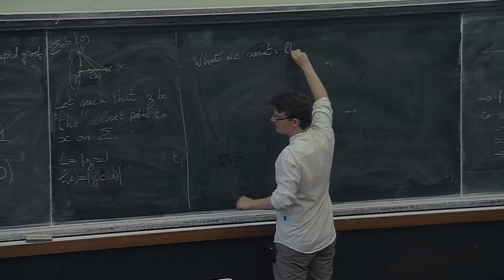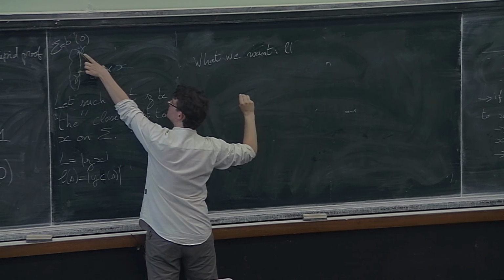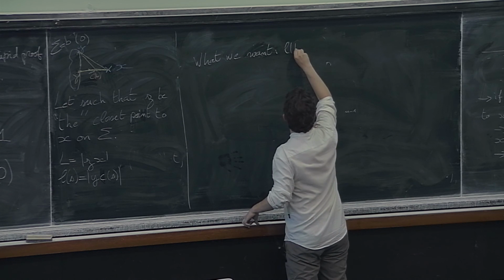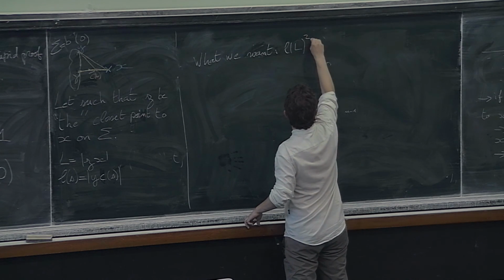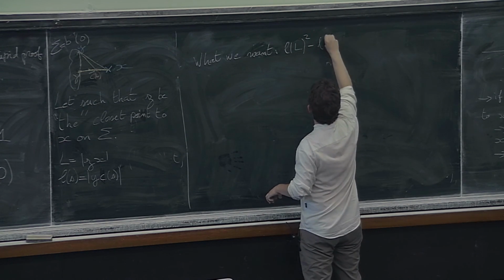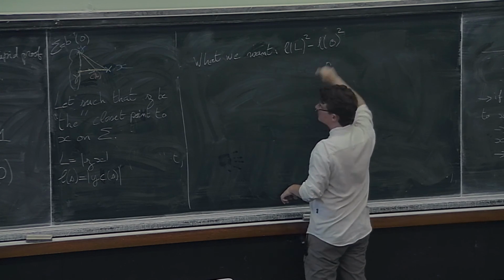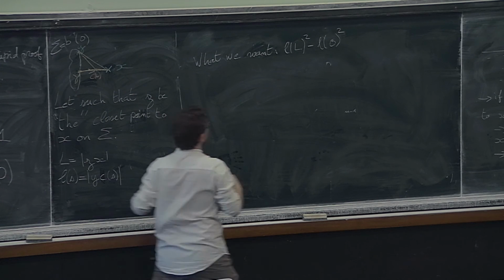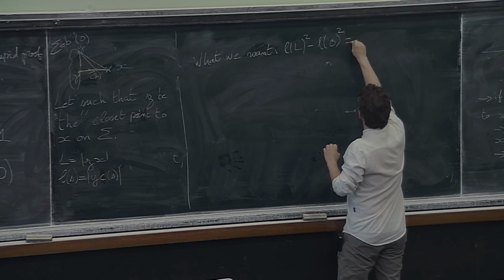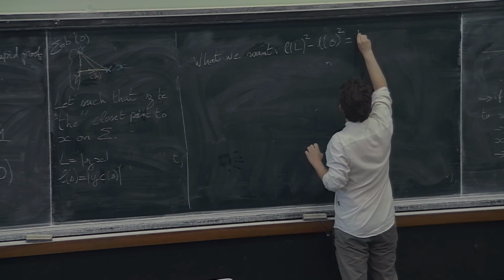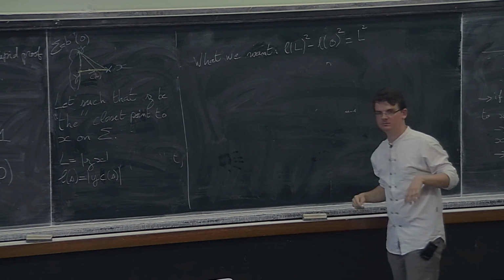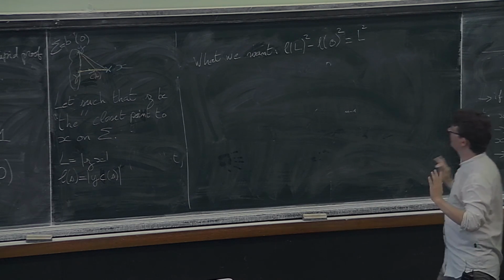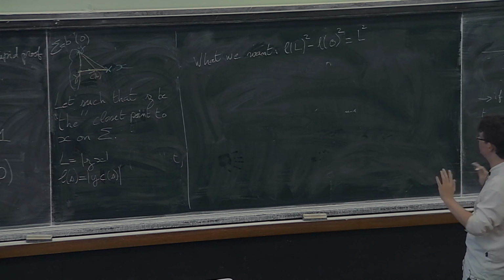So little l of capital L squared minus little l of 0 squared, which is what's going on here, is equal to capital L squared. I guess I did that right.